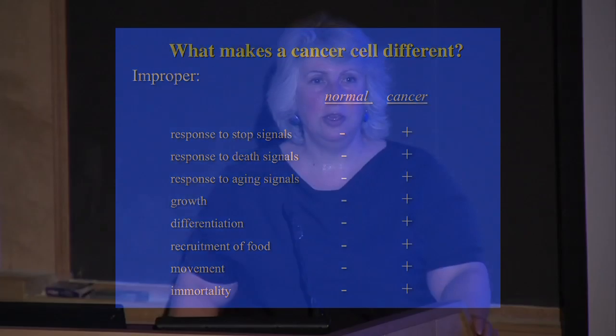What I've been telling you up until now is pretty much what has been looked at in cancer for the past 2 centuries. But over the last 10 years, 5 years, it's become much more appreciated that a cancer is really more than just the epithelial cells that go bad. It's also the cells that are around it.